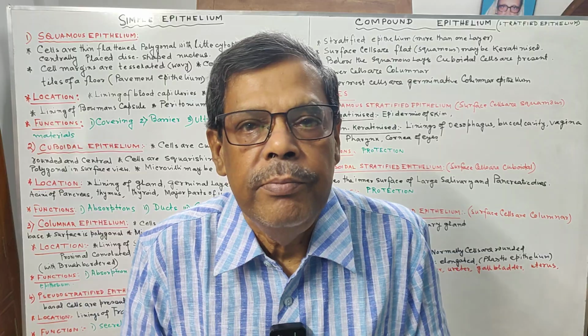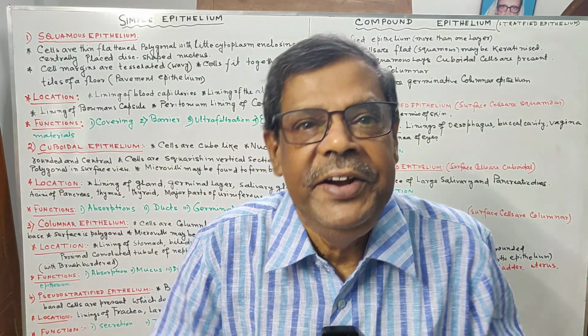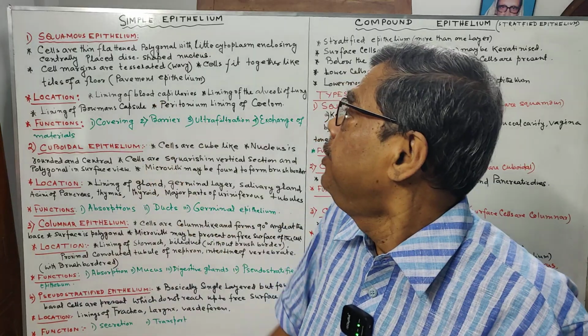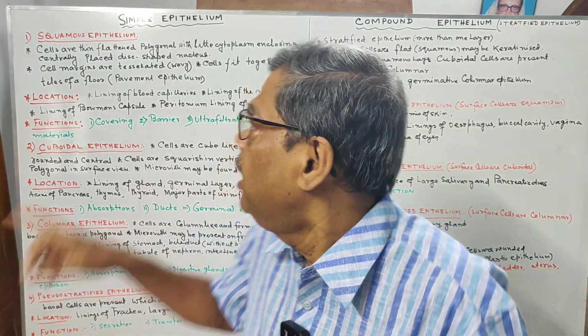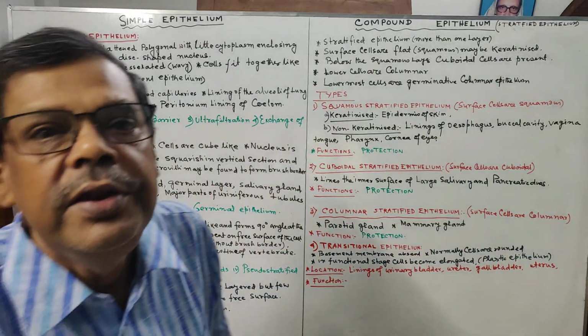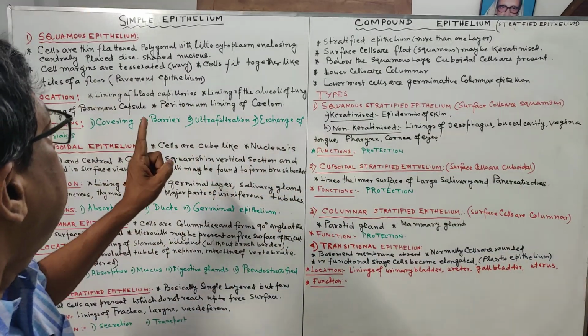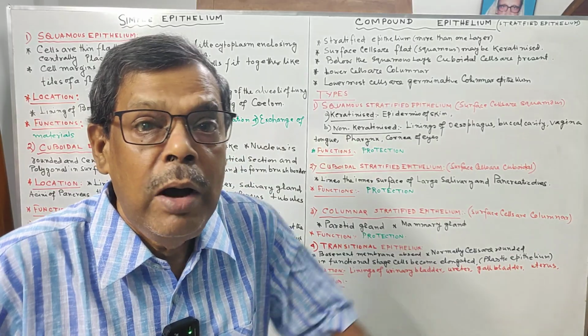In this epithelium, cells are thin, flattened and polygonal with a little wavy margin. The cell margins are tessellated but wavy.